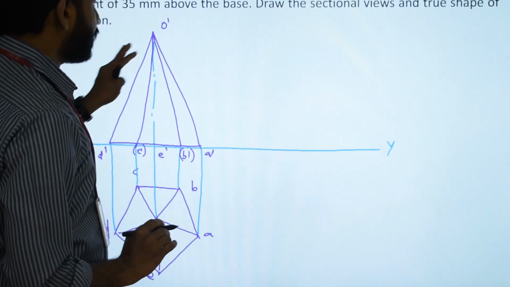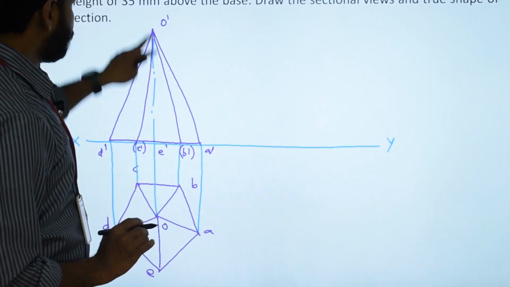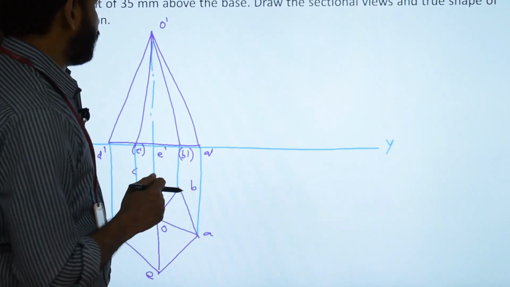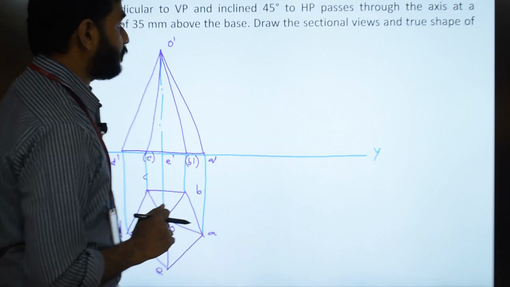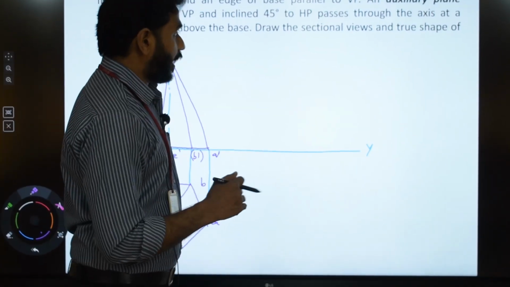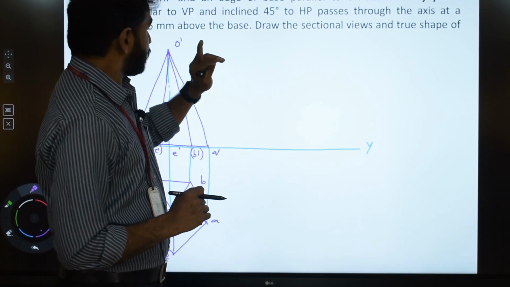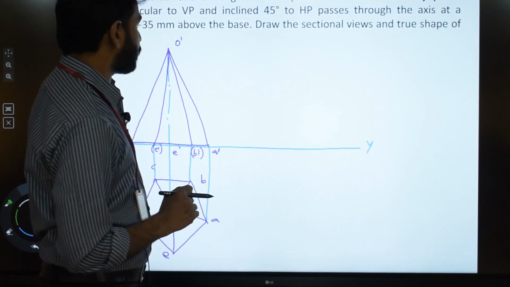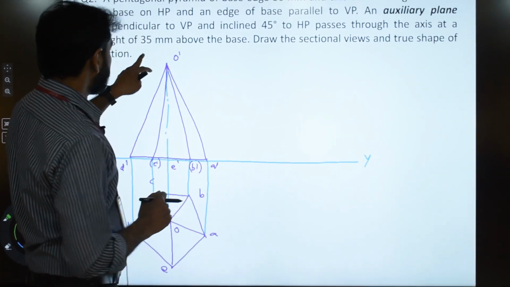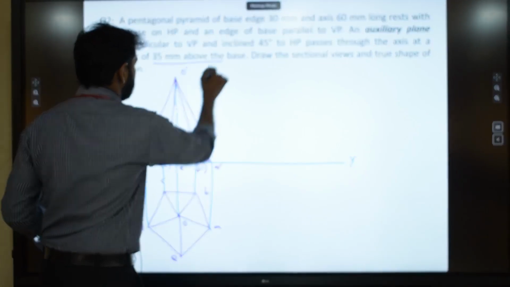Now I have to introduce the section plane. It is given that the section plane or auxiliary plane is perpendicular to VP and inclined 45 degrees to HP, and it passes through the point on the axis 35 mm from the base. So first of all I have to identify this point 35 mm above the base.